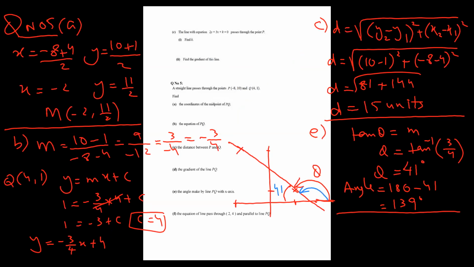Part F: a line passes through (2, 4) and is parallel to PQ. PQ has a gradient, so it means I will use the same gradient and the point (2, 4). So let me write (2, 4). y is equal to mx plus c. y is 4, x is 2, and m is minus 3 by 4.